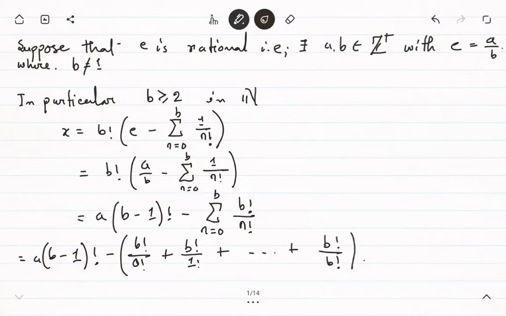This shows that x is an integer, since each term in the last sum is an integer.